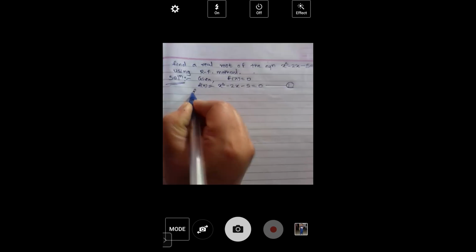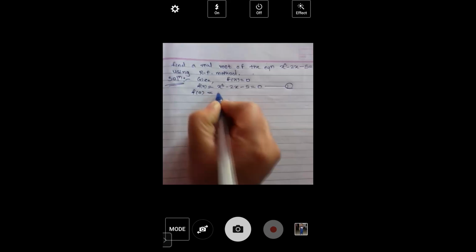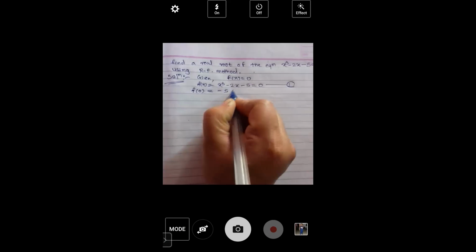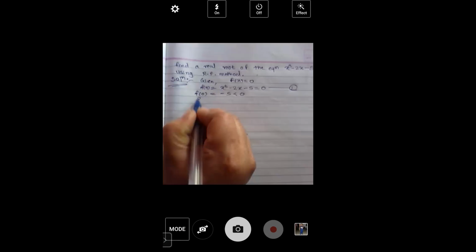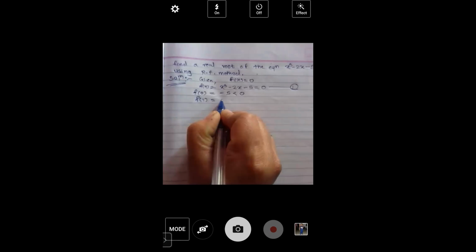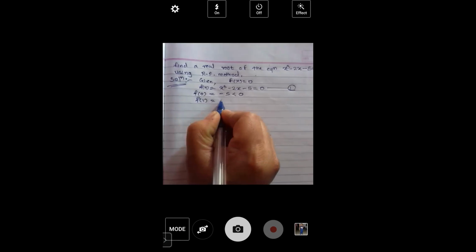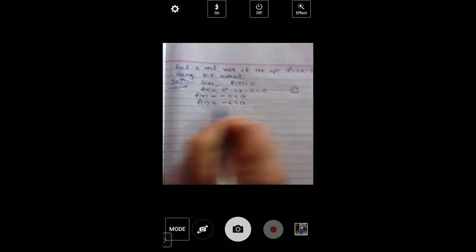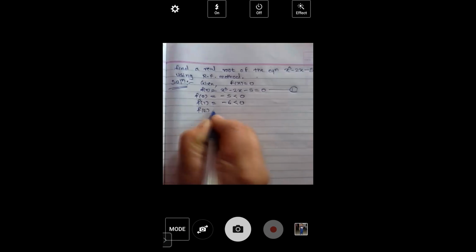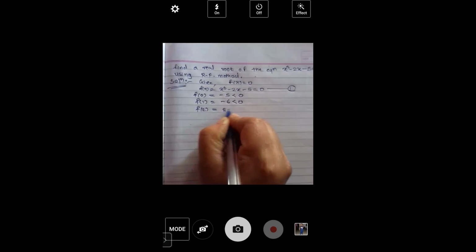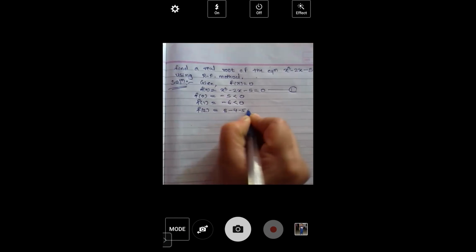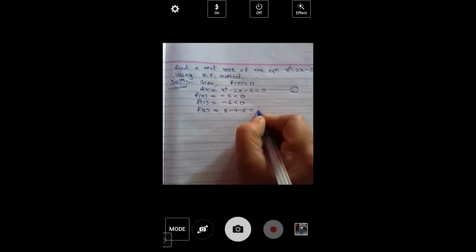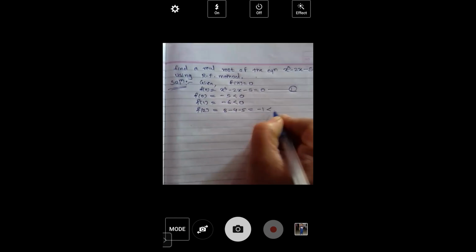First check f of 0. F of 0 is minus 5, which is less than 0. Check f of 1: 1 minus 2 minus 5, minus 6, again less than 0. F of 2: 8 minus 4 minus 5, minus 1, less than 0.